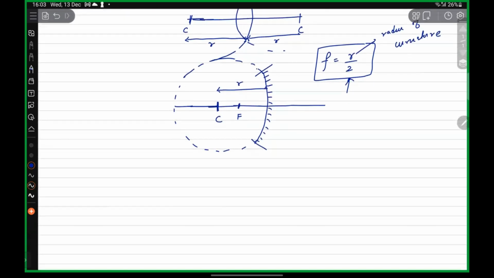Okay, so let's see how we derive it. I'll take a simple example of a concave mirror like this. I'll draw a line at the center. This will be the principal axis. Very simple.